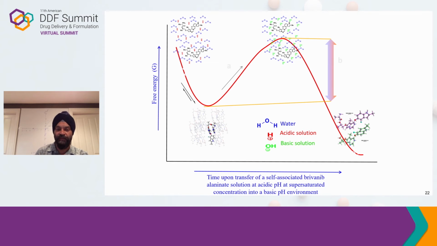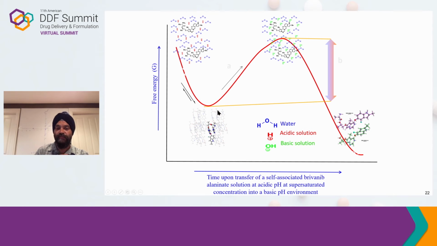So in this particular compound, and in this particular example, what you're seeing on the y-axis is the free energy, and on the x-axis is the change that's required when you do a pH shift from the acidic to the basic pH.